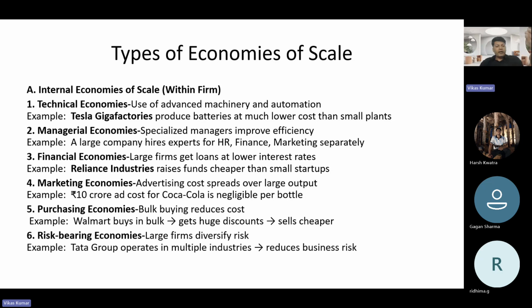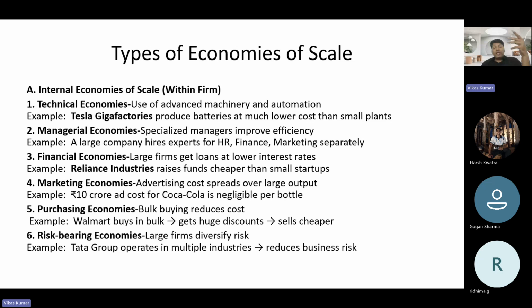They hire celebrities and create ads for sports events, television and social media platforms like YouTube. So 10 crore of ad cost is negligible per bottle for Coca-Cola, an advantage many companies in the beverages sector do not have.